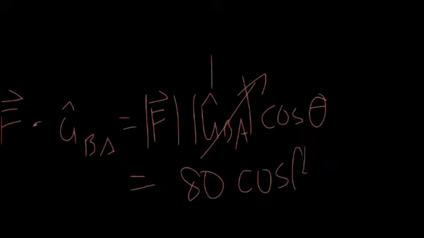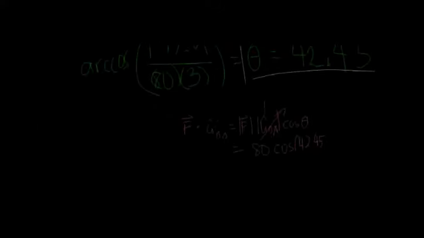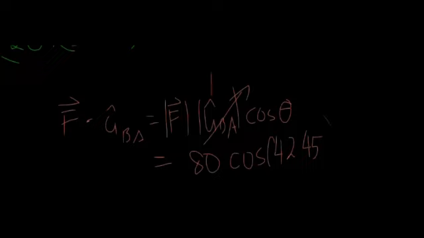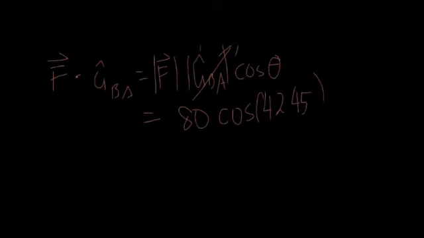which is 42.45. 80 times cosine of 42.45 is 59.03, rounded off to two decimal places.